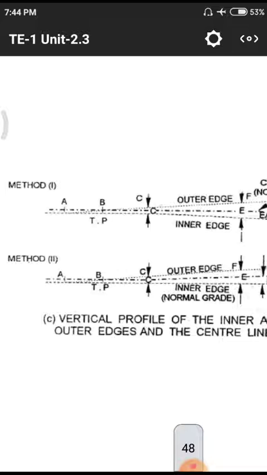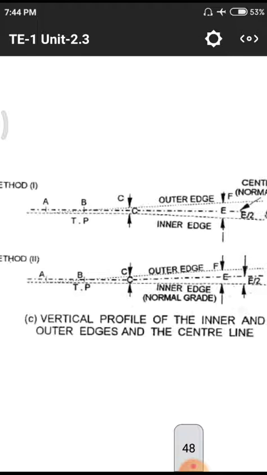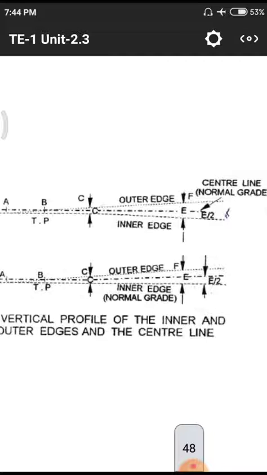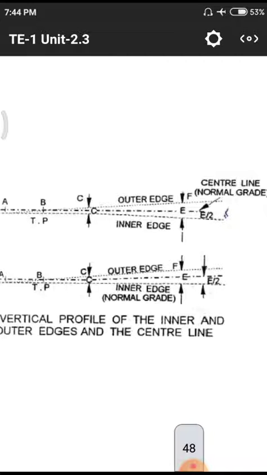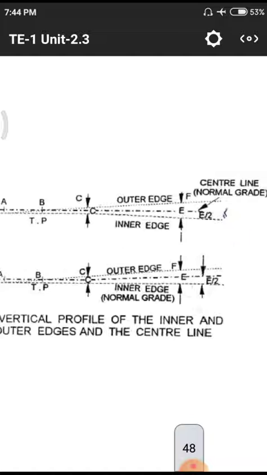This is the method 1 and method 2 approaches. That means in method 1 we rise with respect to the central point, and in method 2 we rise with respect to the inner edge. Up to point C we have a normal curve. After C we simply rise with respect to the central line up to point E. After that we have normal proportion.